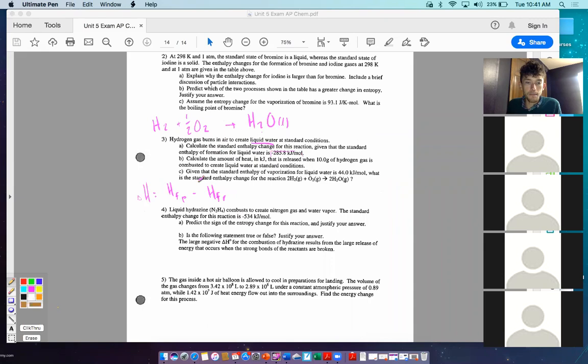However, I know that the heat of formation of my reactants are both 0 because those are in their standard state. So I'm trying to find the enthalpy change for this reaction, delta H. Well, it's just going to be equal to the heat of formation of my product, which is negative 285.8 kilojoules per mole. So that's just my answer, negative 285.8 kilojoules per mole.